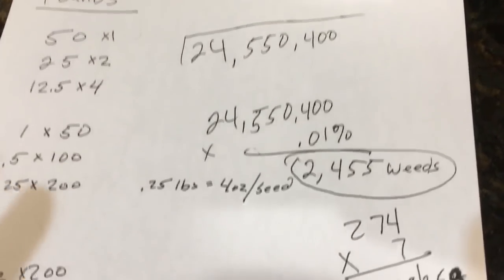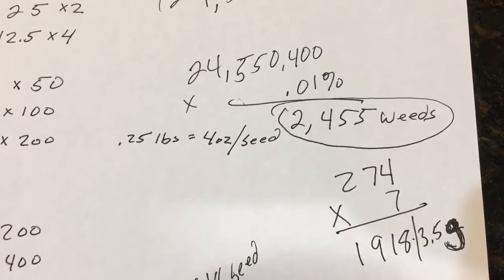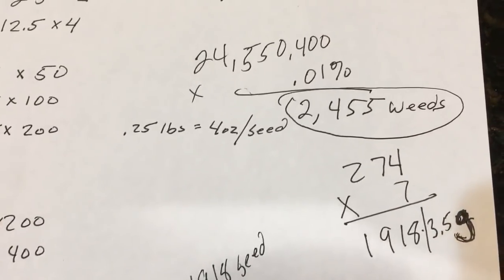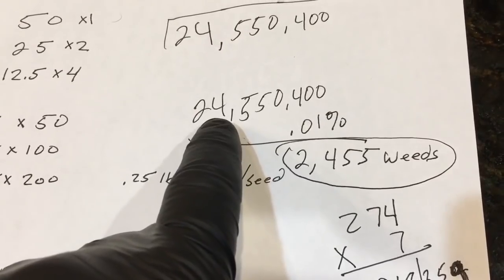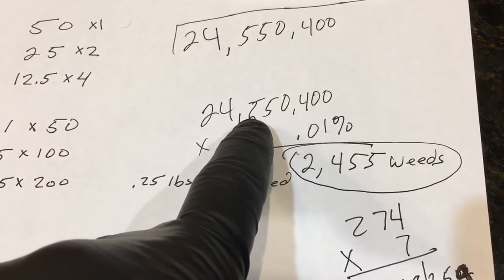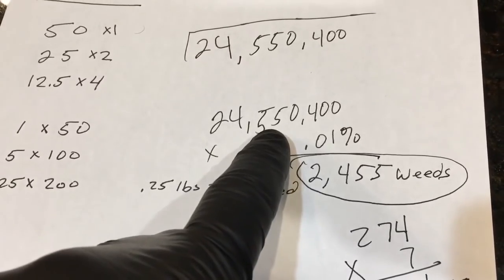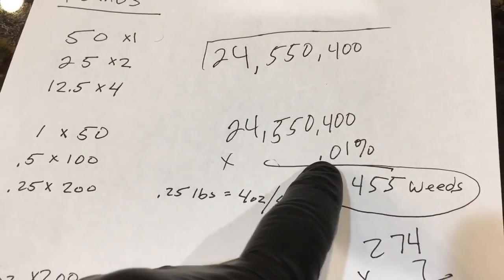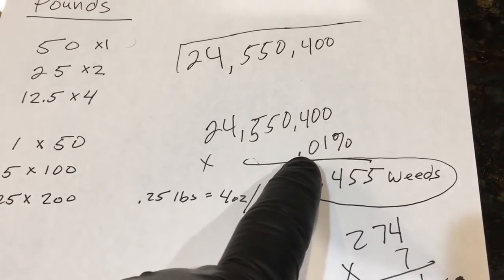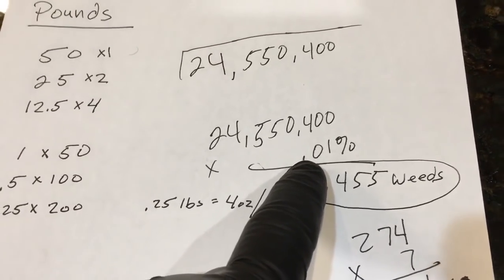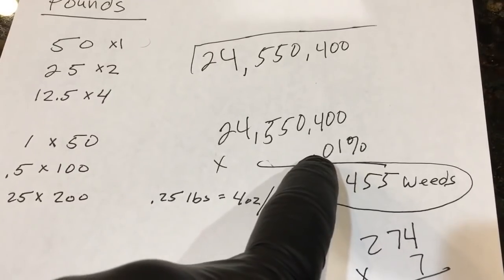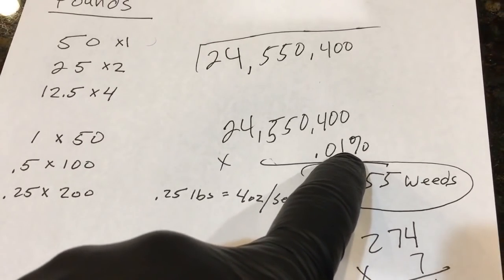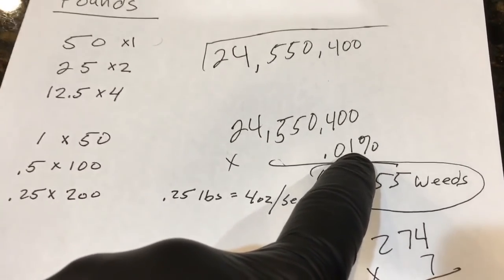So let's just say my math is right, for video's sake. If I'm wrong, please somebody let me know in the comments. But you have 24,550,400 grass seeds. Let's just say you go to Lowe's or one of the big box stores and you buy a grass seed that has 0.01% weed seed.